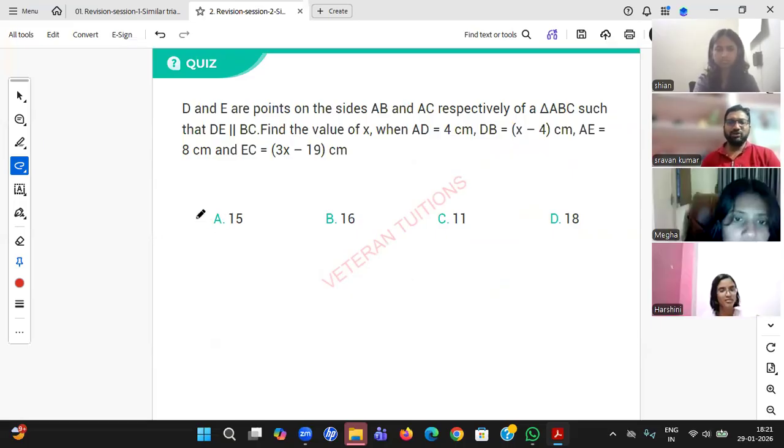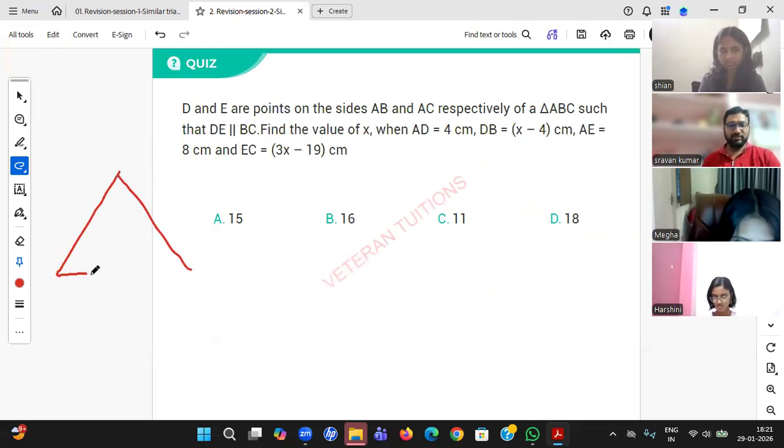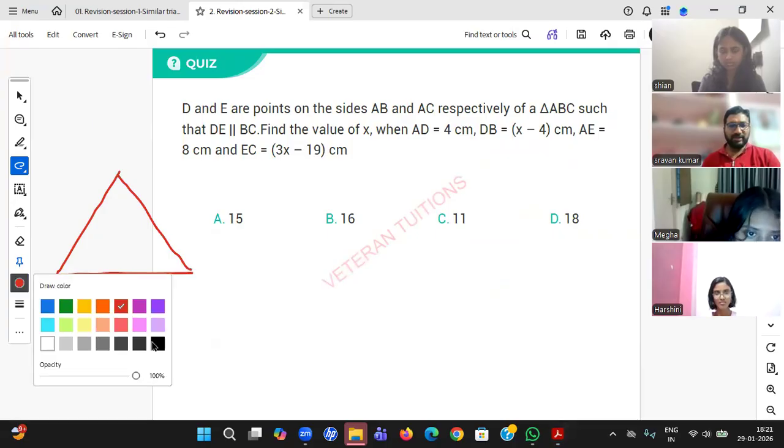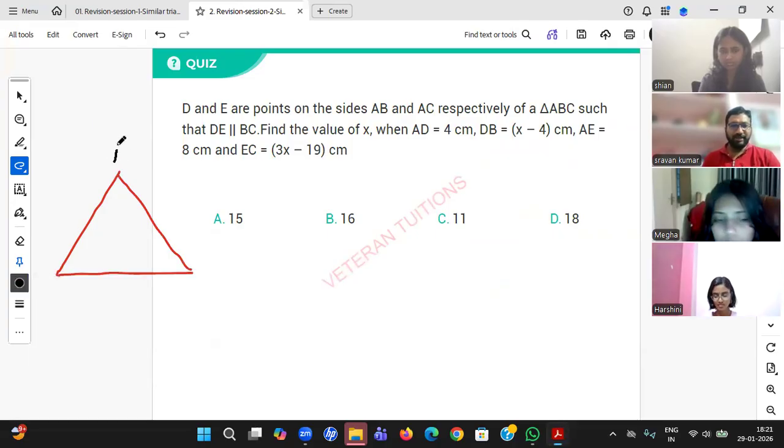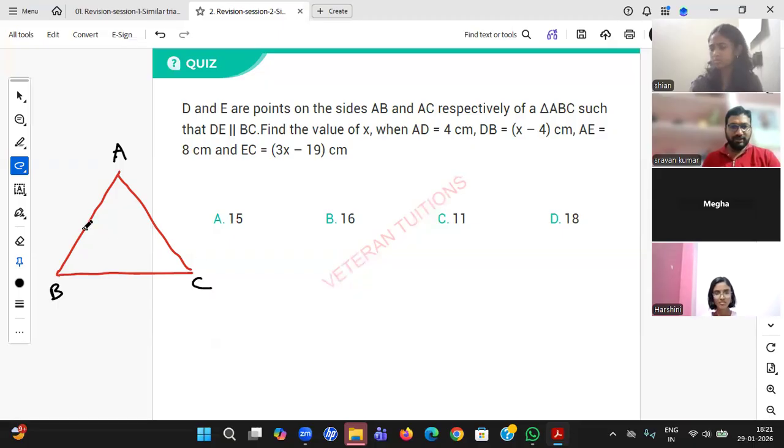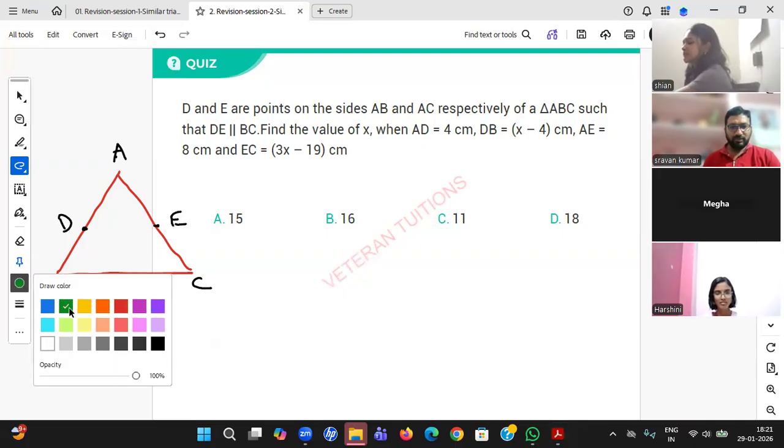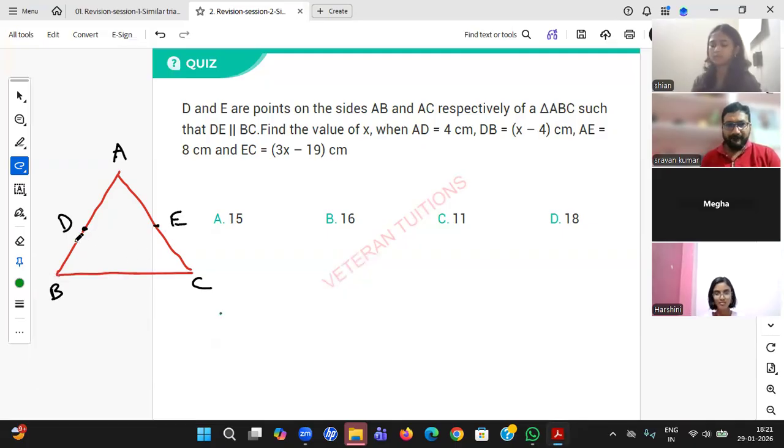D and E are points on AB and AC of triangle ABC. That means he is taking a triangle ABC. You should always search for this word parallel.